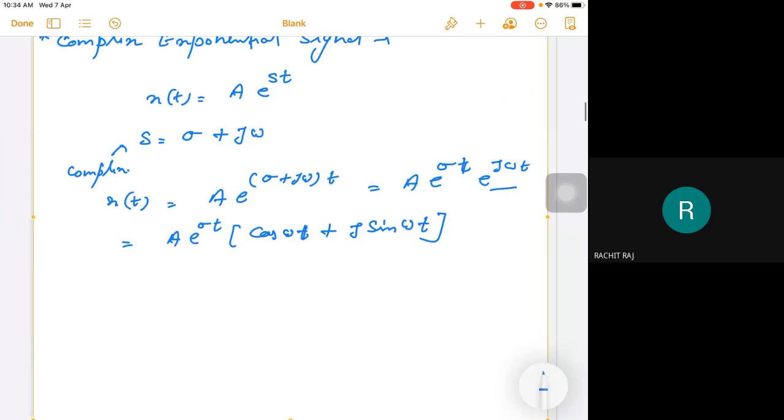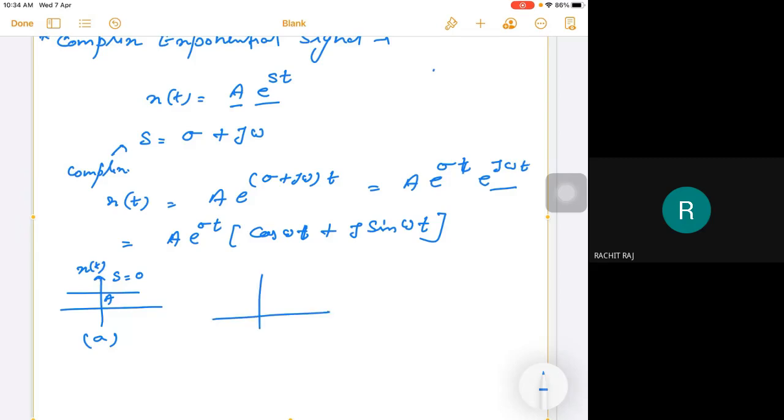Okay, if s equals 0, obviously you will get again a constant value. If s equals minus sigma, or s equals j omega, मैं यहाँ पे ड्रॉ कर देता हूँ तीनों कॉम्बिनेशन. So first case, this is the A graph when s equals 0, and this is your x(t).